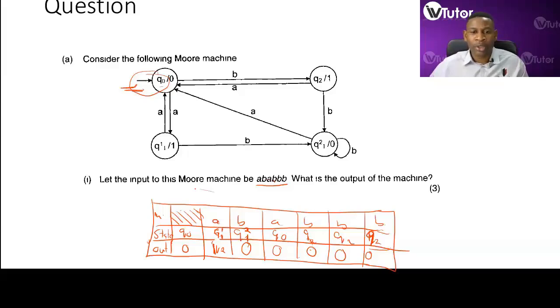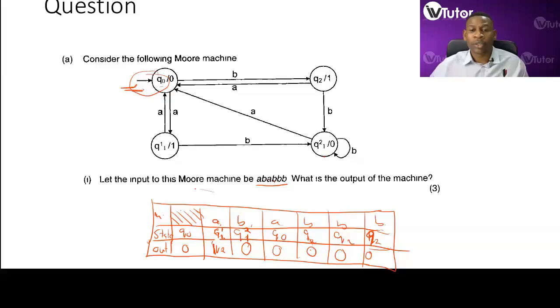Okay, so just hold on. Q1 with an A, go to Q0. If in Q0 you encounter an A, go to Q1. In Q1 and you get a B, go to Q2. In Q2 and you get an A, you go to Q0.